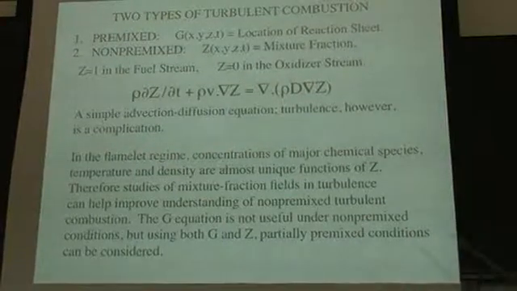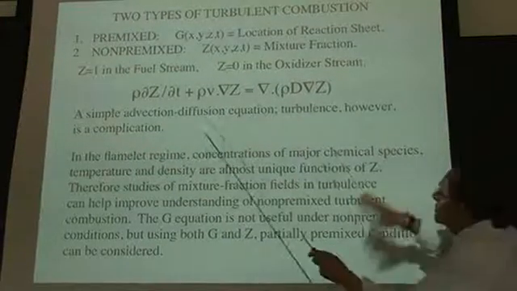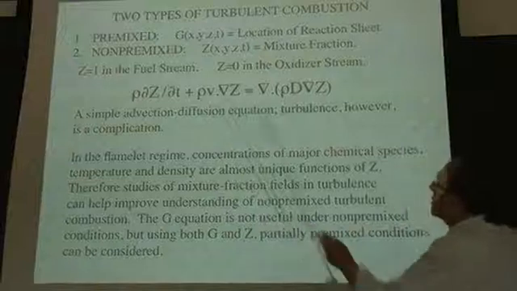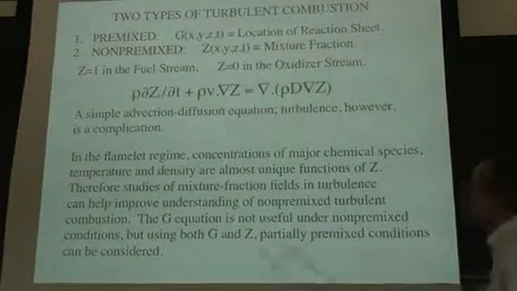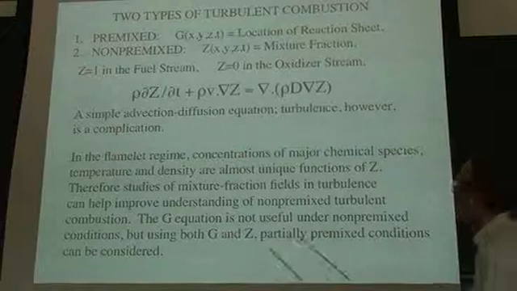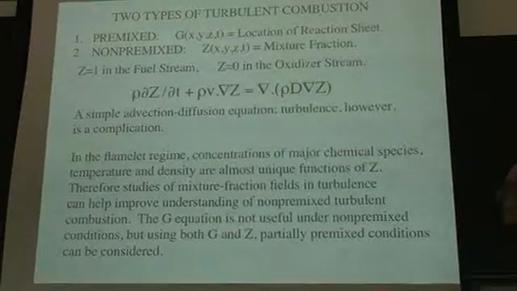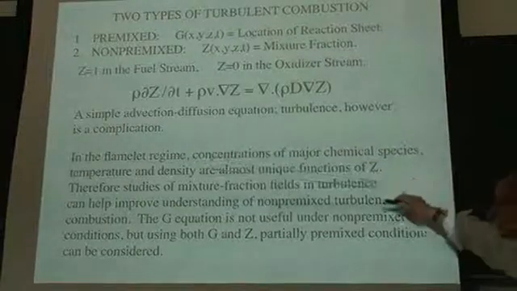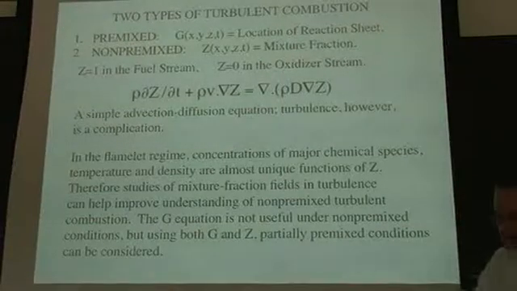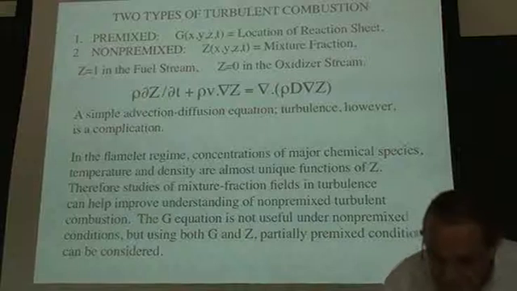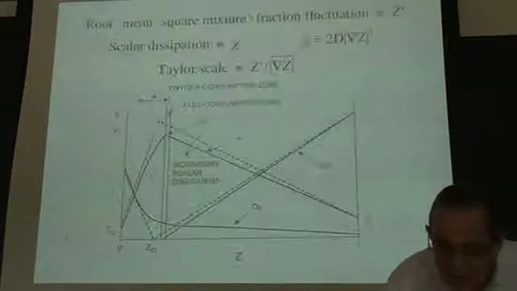The chemistry converts fuel to products, but at a given mixture fraction. So for non-premixed situations, use Z; in partially premixed cases, it may be useful to use both G and Z.